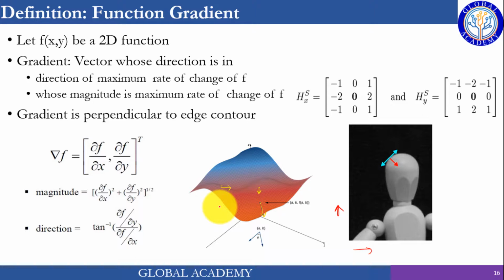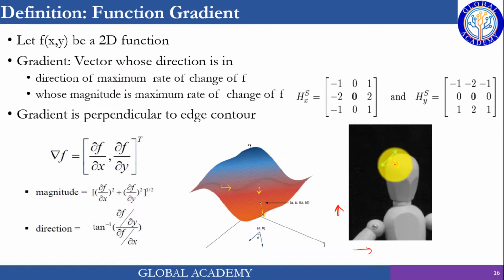And similarly, we can apply the same concept on images. Say we compute the gradient over here, so it would be towards the maximum change in this direction. It's perpendicular to the edge, a sharp change in intensity from black to white. So that's the direction of maximum change. It purely depends on how sharp this change is.